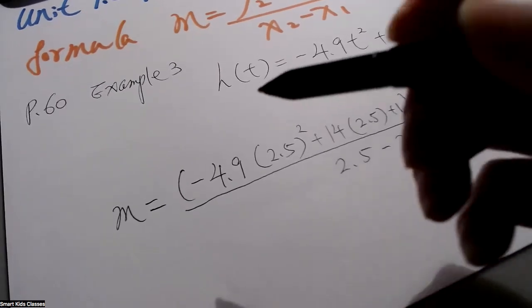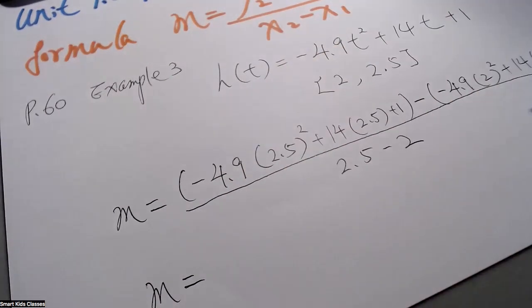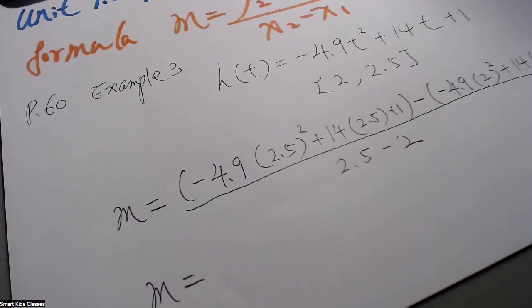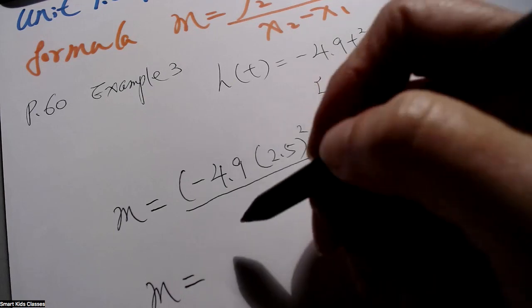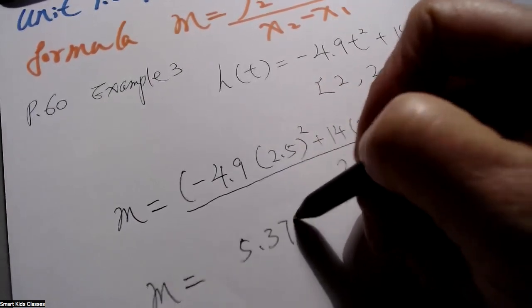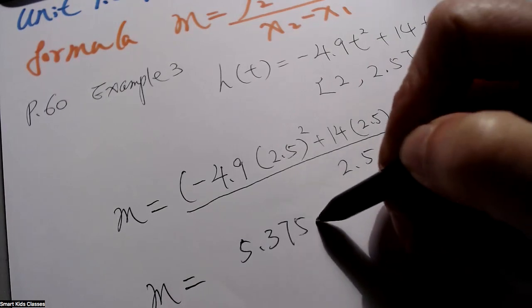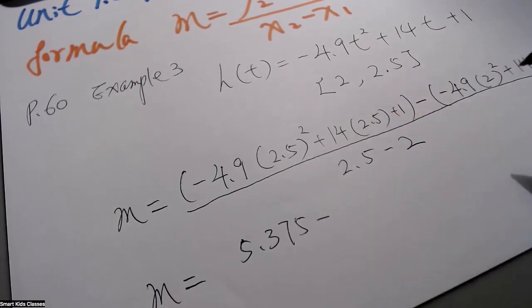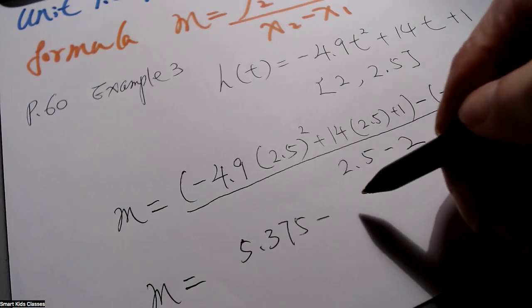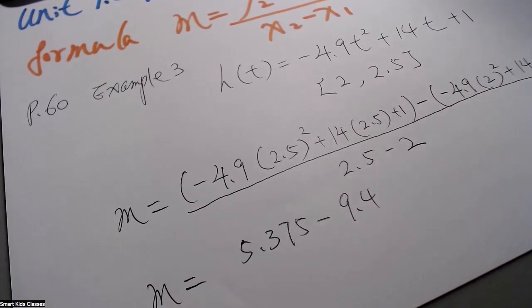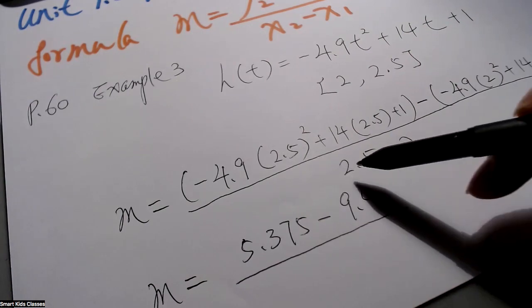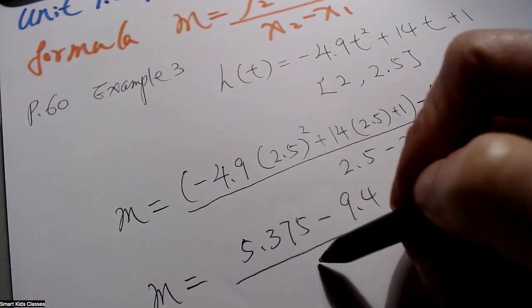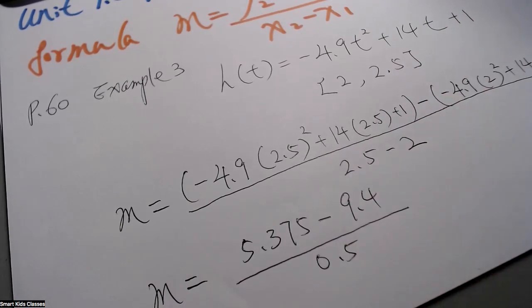So I'm going to use my calculator. I got y2 as 5.375, and for y1, I get 9.4. Then from here, 2.5 minus 2 gives 0.5.